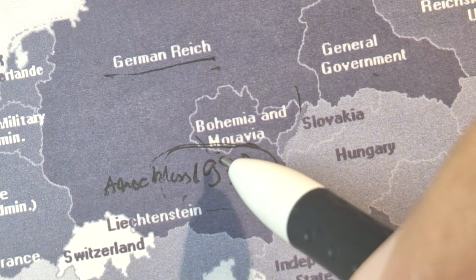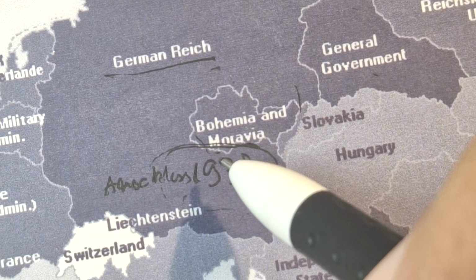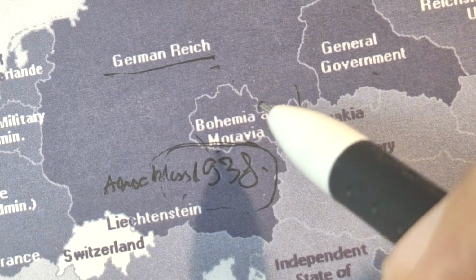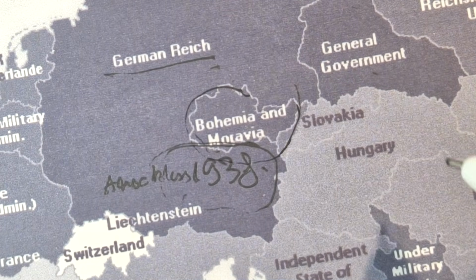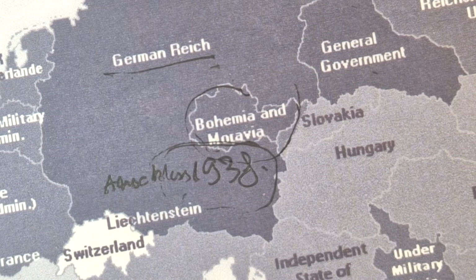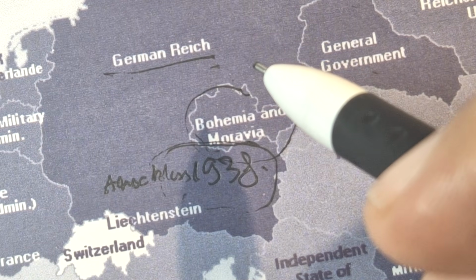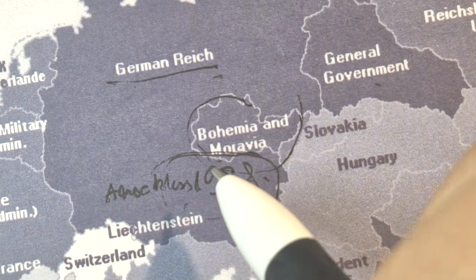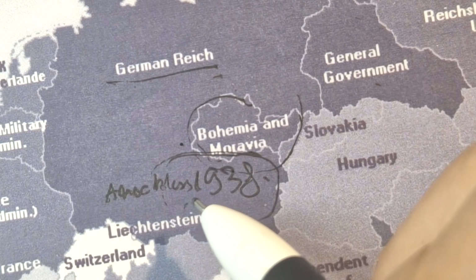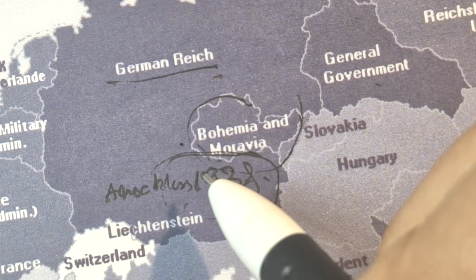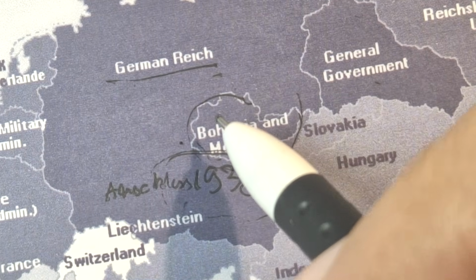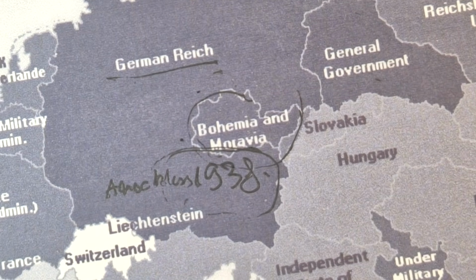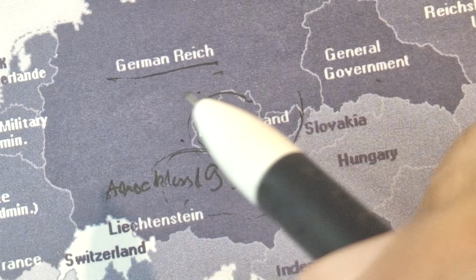Germany claims the Sudetenland, where ethnic Germans were living, and with the Munich Agreement, Czechoslovakia was forced to cede it without a fight. It was the first major diplomatic victory for Hitler. Well, that was in 1938.